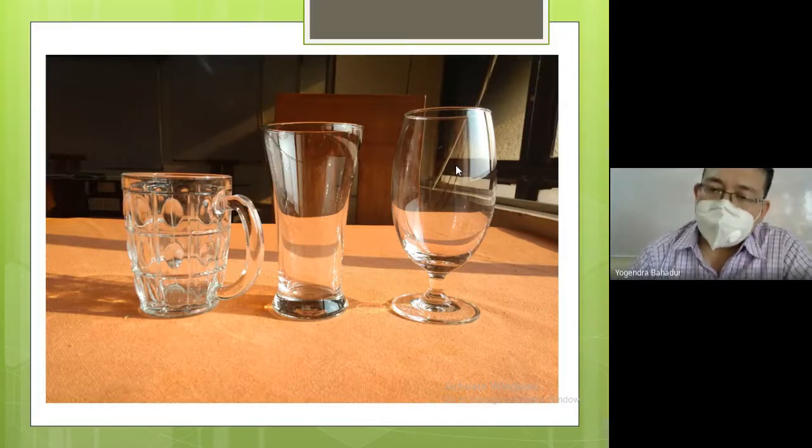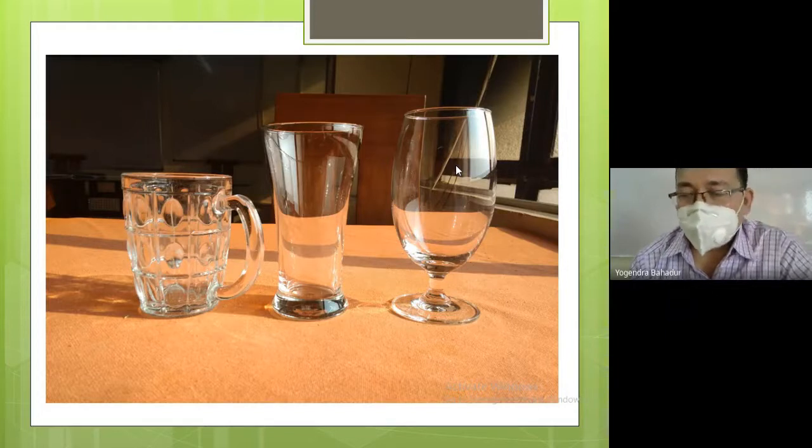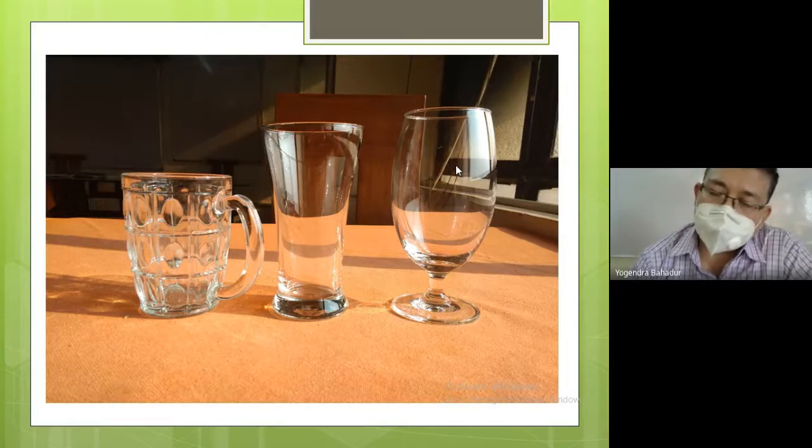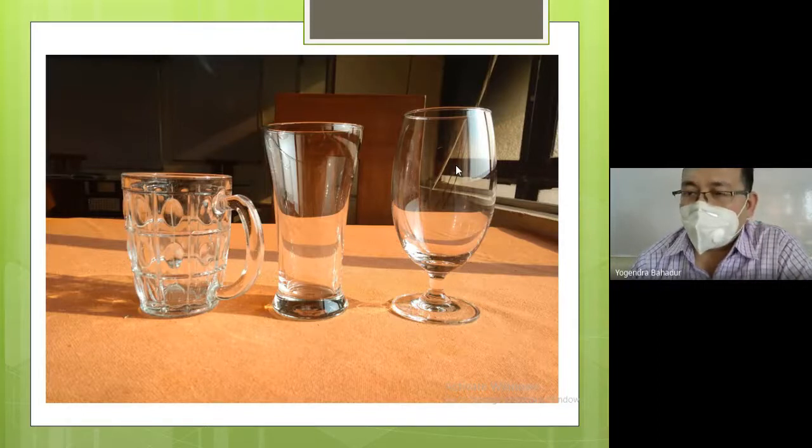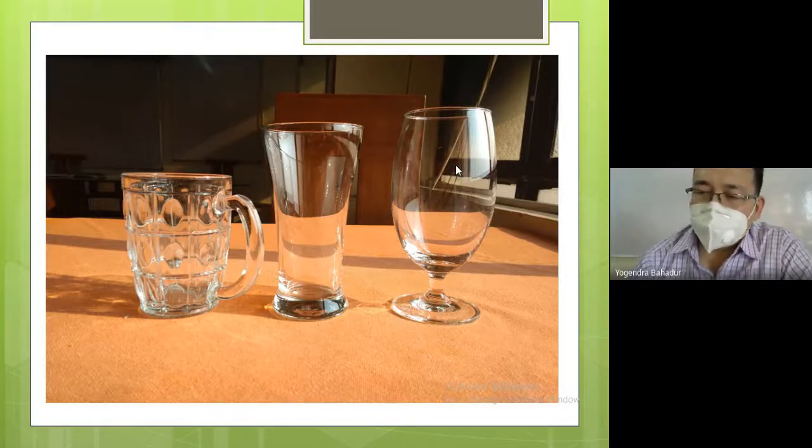So again I'm repeating, we have beer mug or Dimple Beer Mug, 12 fluid ounce, which is approximately equal to 360 ml; 12 is multiplied by 30. At the center, we have beer Pilsner, measure is 10 fluid ounce. On the right hand side, we have beer goblet, again its quantity is 12 fluid ounce.